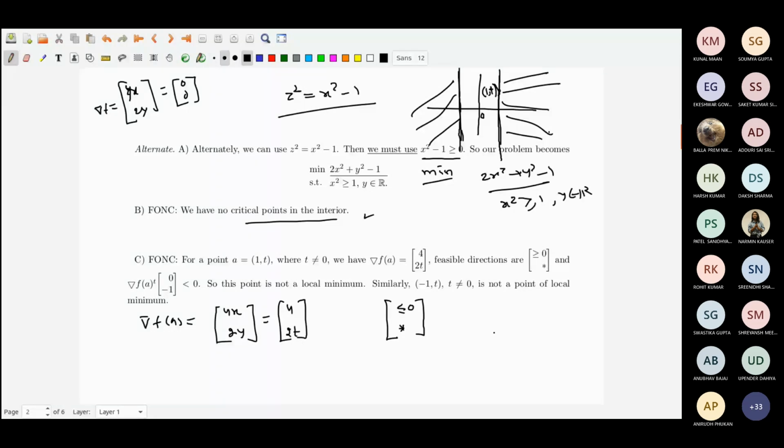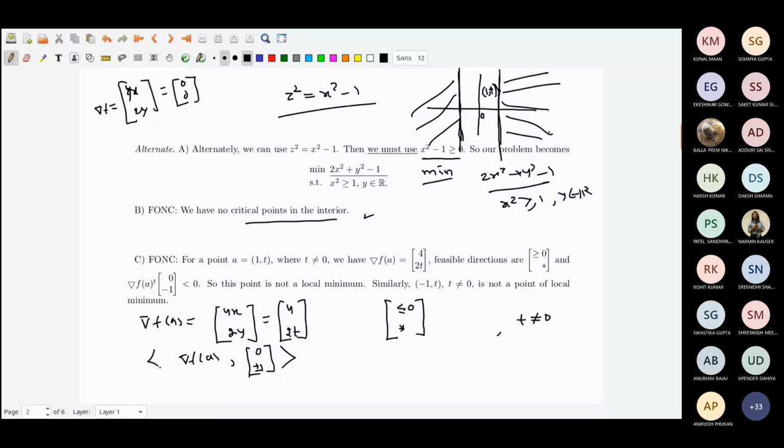So in that case, if I take grad f at a, inner product with the direction, let me take (0, 1) and then (0, minus 1). If I take that inner product, what do I get? I get plus minus 2t, which is positive and negative.